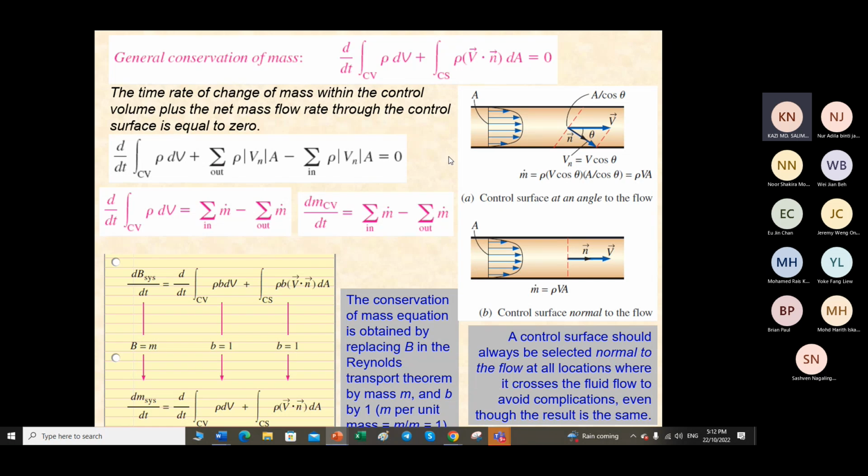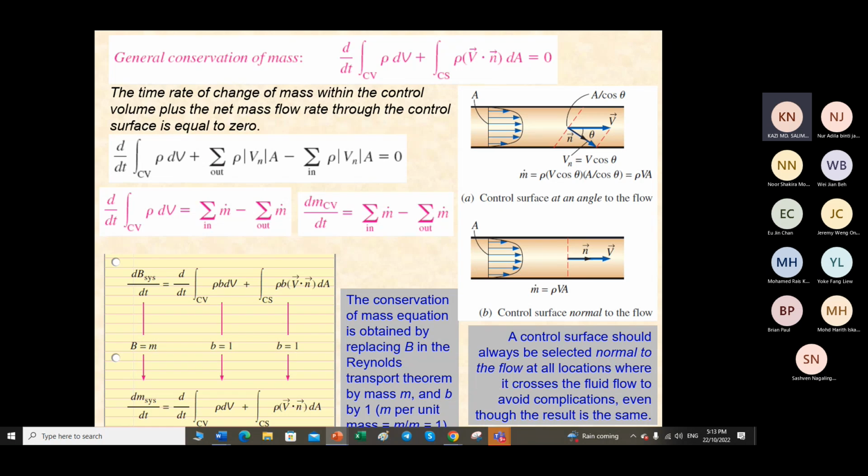With this, we can say that the general conservation of this mass flow rate can be written as d/dt of the control volume integral of rho dV, plus a summation of rho V and A, in this amount and out this amount.